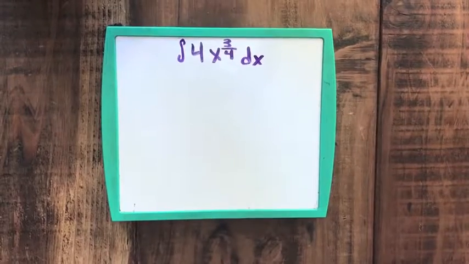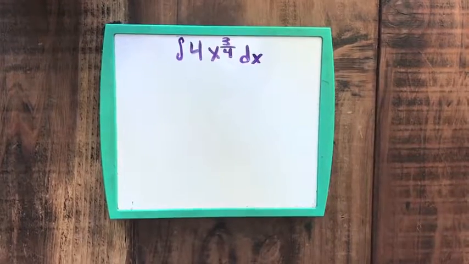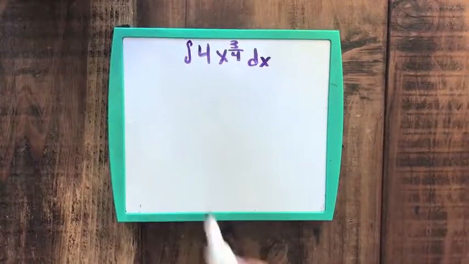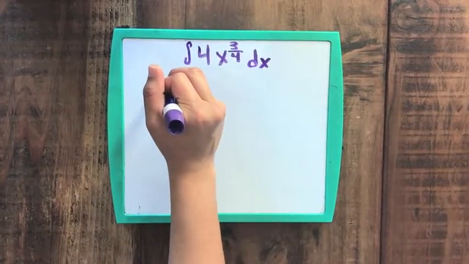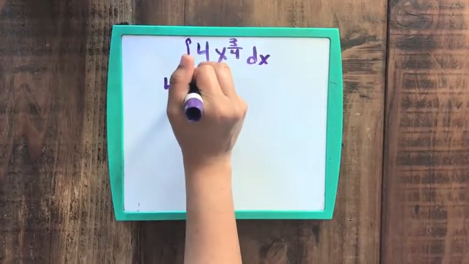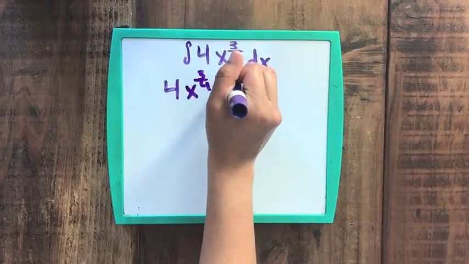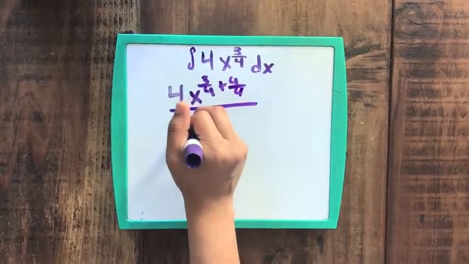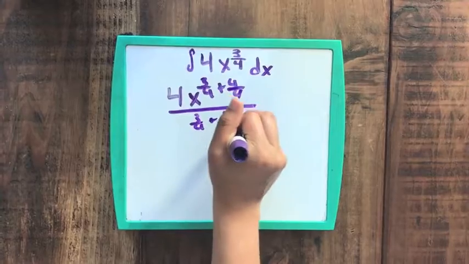Okay, for our next example, we are going to do an antiderivative with a fractional exponent. So the first step is to take the antiderivative like a normal problem. So it's going to be 4x to the 3 over 4 plus 4 over 4 because it's the same thing as 1. Then we're going to do 3 over 4 plus 4 over 4.